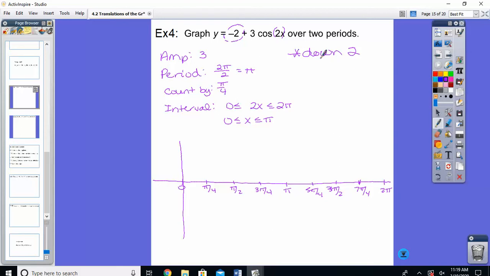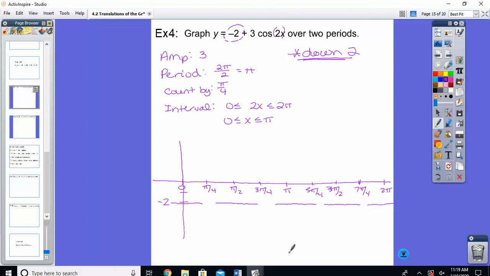Okay. When you have to move up or down, what I want you to do is go to that point, so we are going down 2, and I want you to draw in a dashed line. Because my entire graph has shifted down 2, my graph is going to oscillate around -2.